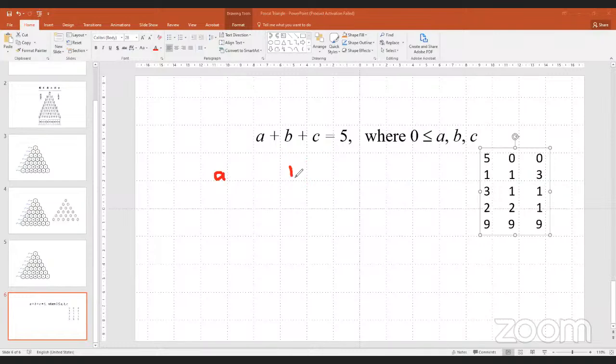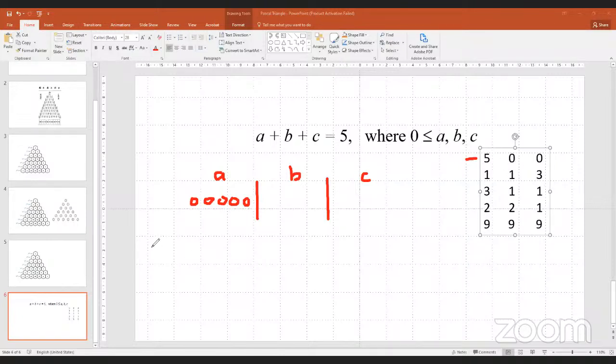A, B, C. And that's the border. So you can have, for example, this one is 1, 2, 3, 4, 5, and nothing.